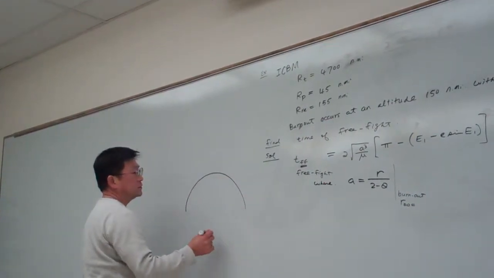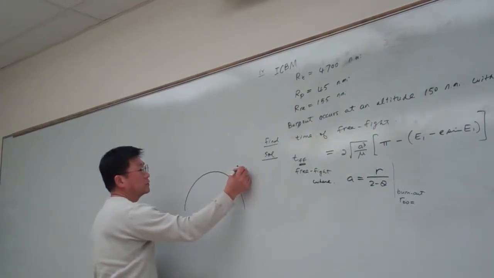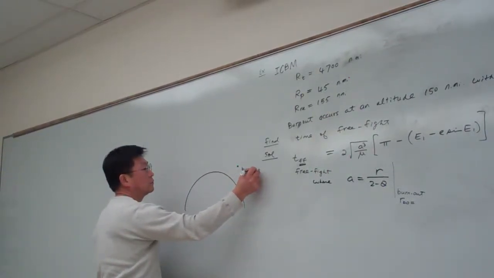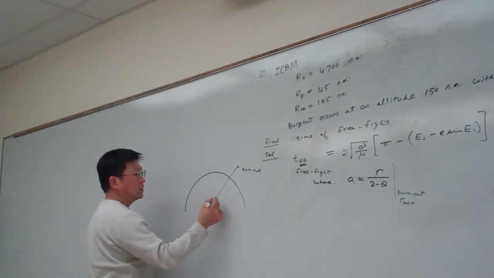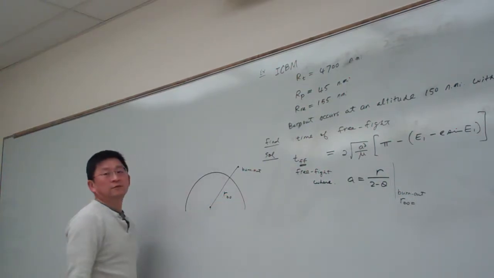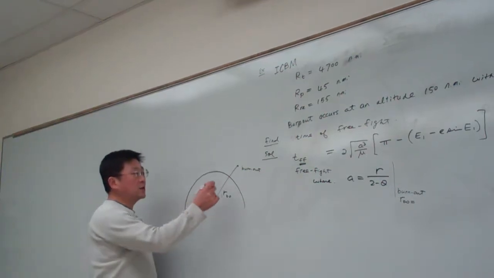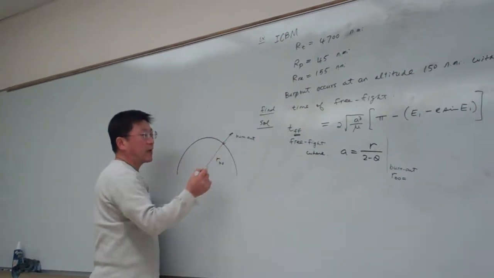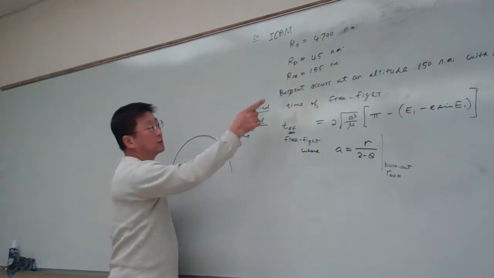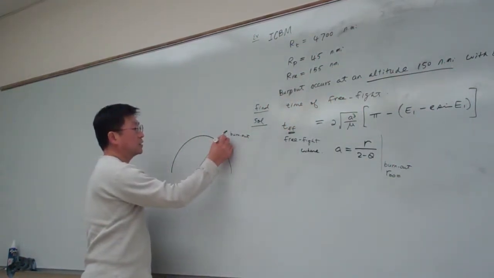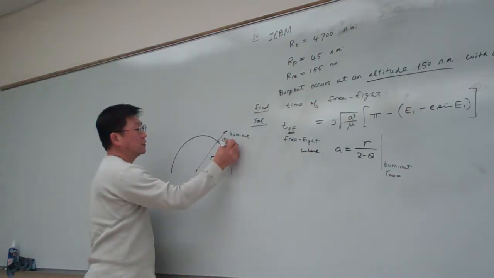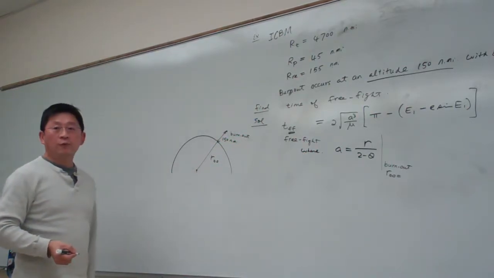So this is the Earth, and this is the burnout. This is our RBO. From here you can see burnout happened at an altitude of 150 nautical miles.